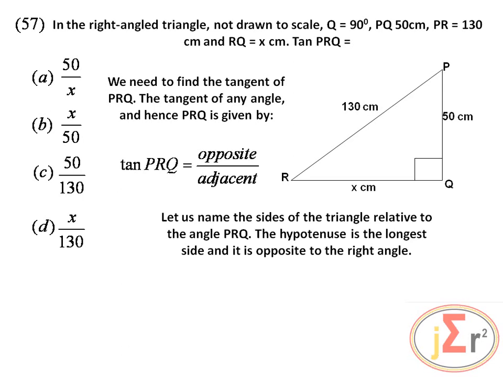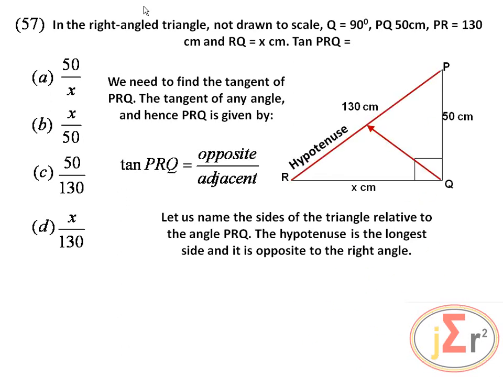Let us name the sides of the triangle relative to PRQ. The hypotenuse is the longest side and it is opposite to the right angle. The relationship between the hypotenuse and the specified angle doesn't really matter. The hypotenuse is always the longest side and it is always opposite to the right angle.